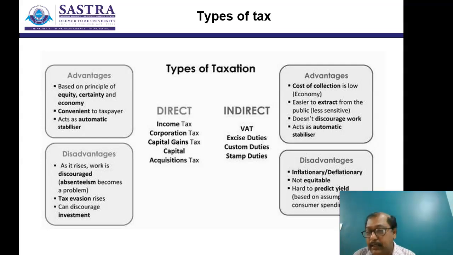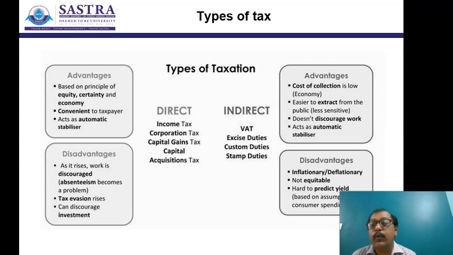In the indirect tax phenomenon, the advantage is that the cost of collection is very economical, because on every consumption you collect taxes, and that is paid by the respective sellers or service providers. So the contact points are very few, the sellers and the service providers.